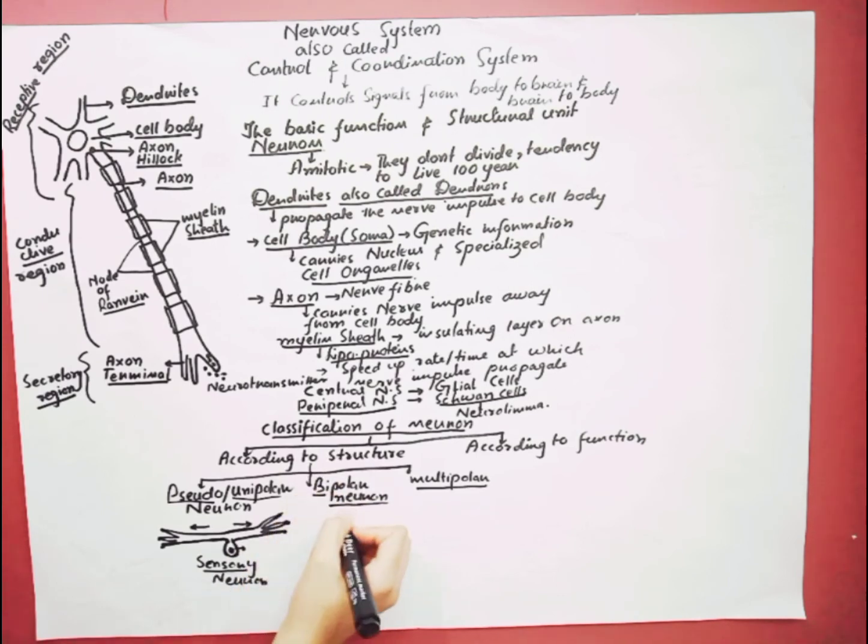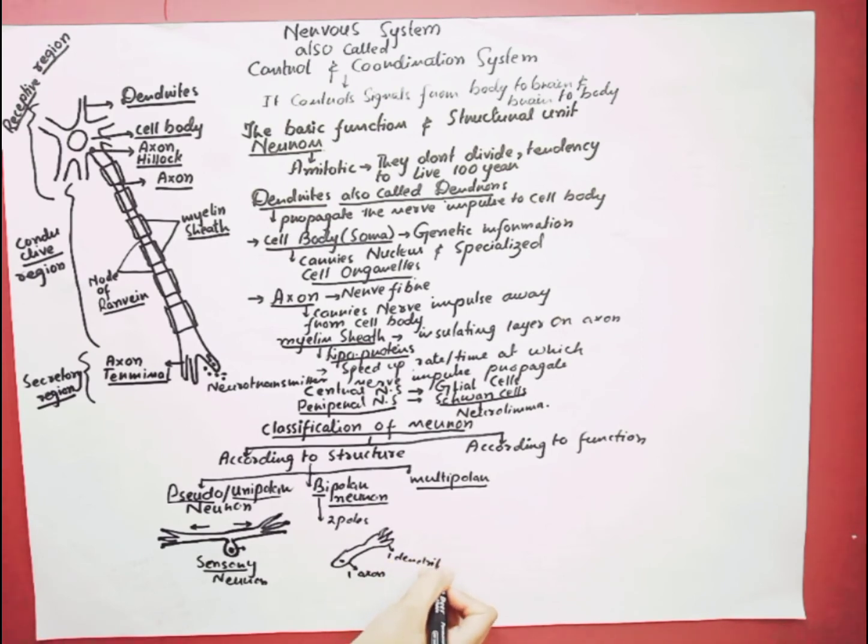Bipolar neuron means two poles. One axon and one dendrite. The bipolar neuron has two poles, one axon and one dendrite.